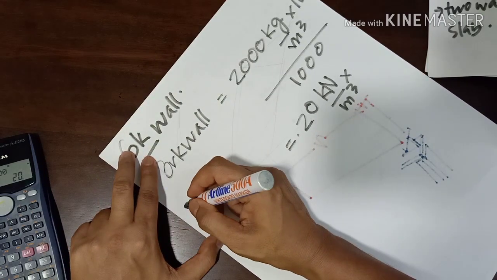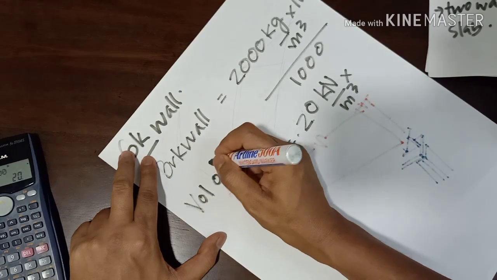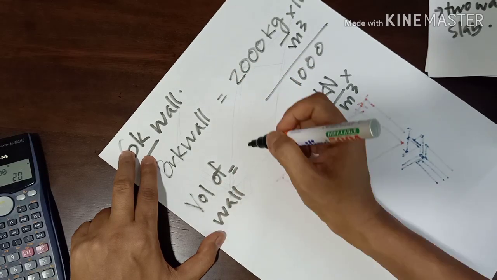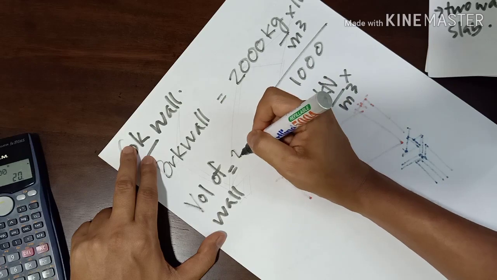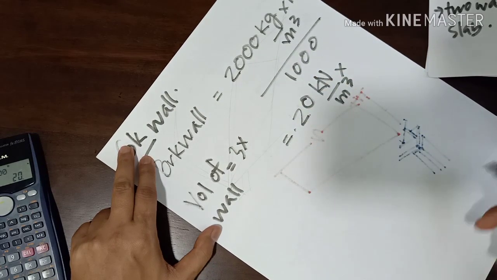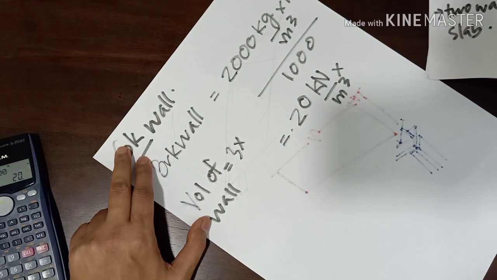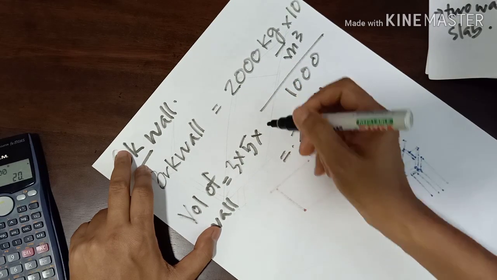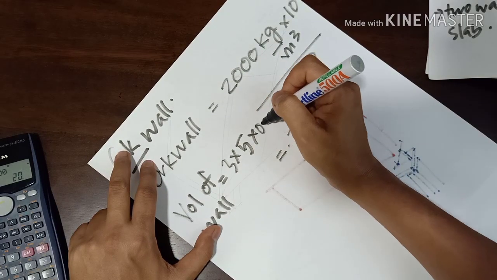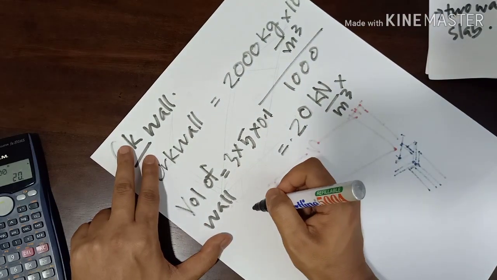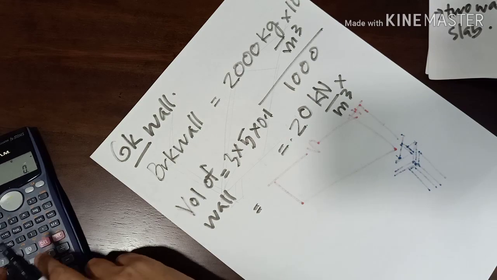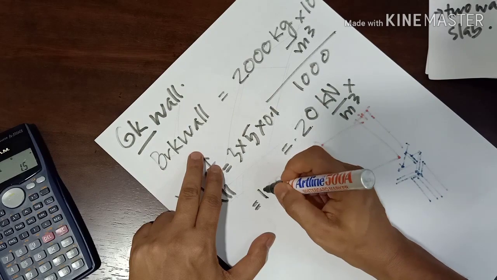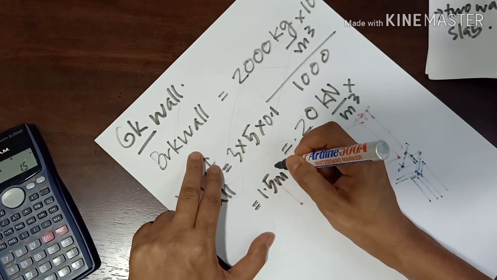So the volume of the wall is 3 meter height multiplied with the length of wall, which is 5 meter, multiplied with the thickness of wall, which is 100 mm or 0.1 meter. So the volume is 3 times 5 times 0.1, about 1.5 meter cube.